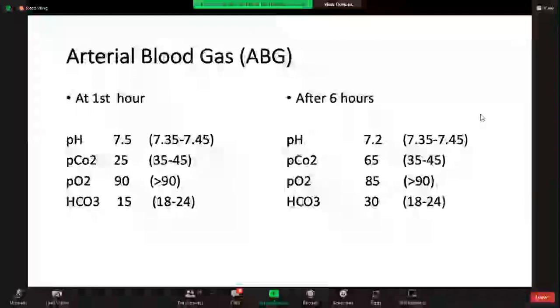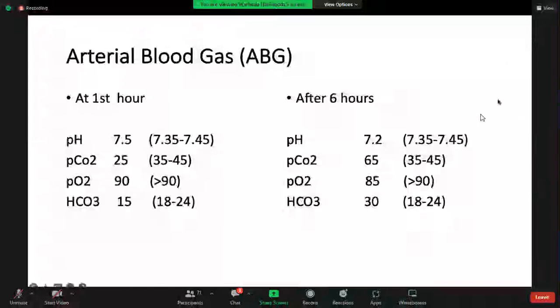There is a compensation going on, and the bicarb level is high right now. So that is respiratory acidosis with partial compensation. What do you think the reason is? Would you expect this? Is this a normal finding? It is a type 2 respiratory failure, madam. Yes, very good.